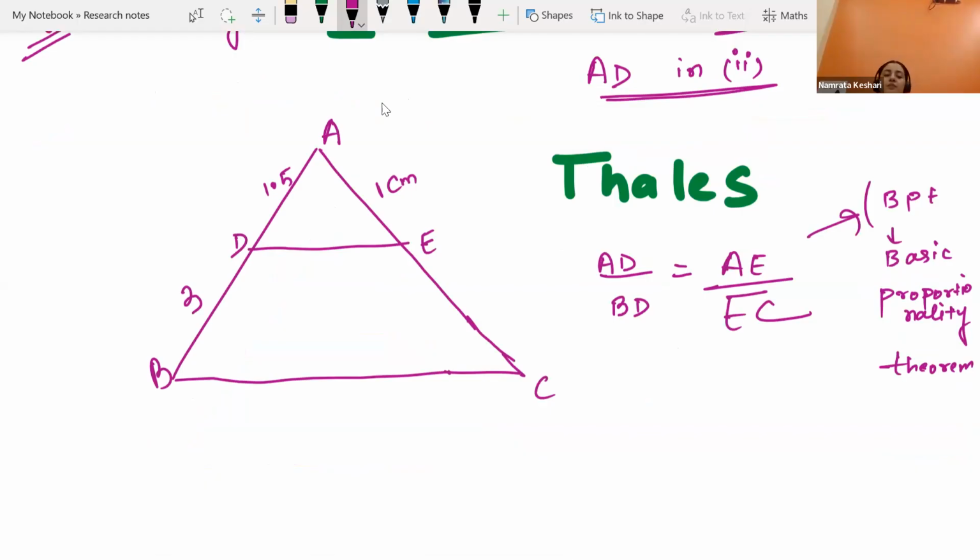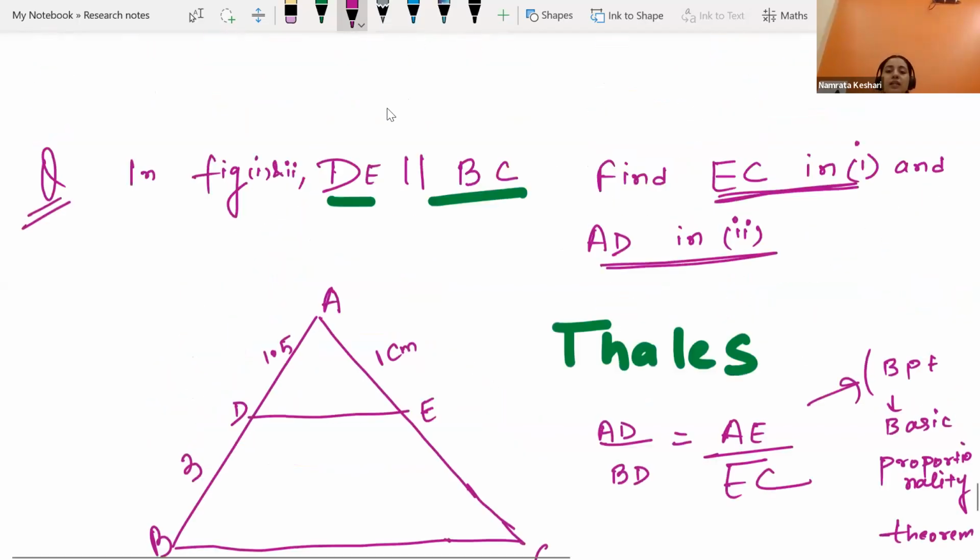Now from here, can you find this? Can you tell me EC? Because that's what is asked in the first part, find EC. I'm waiting for your response. Please find EC.